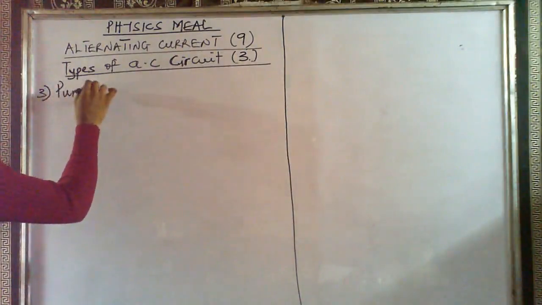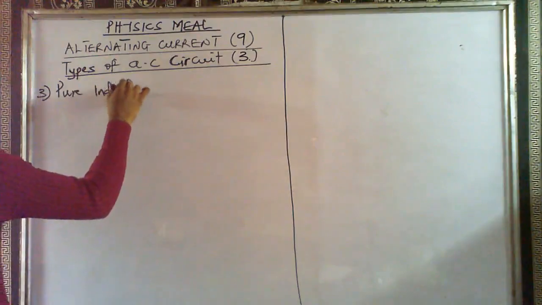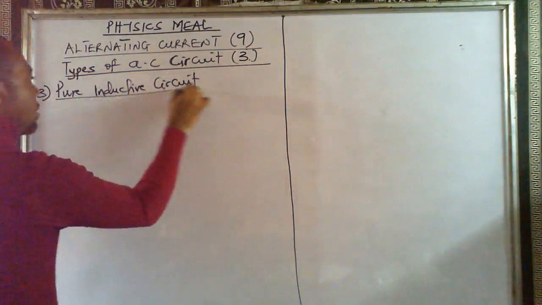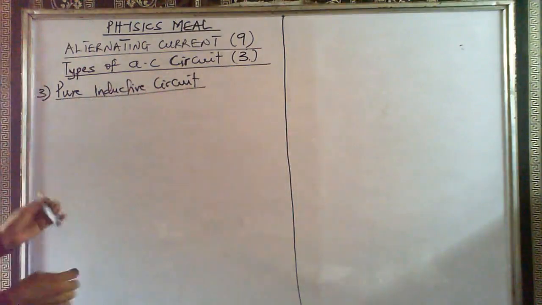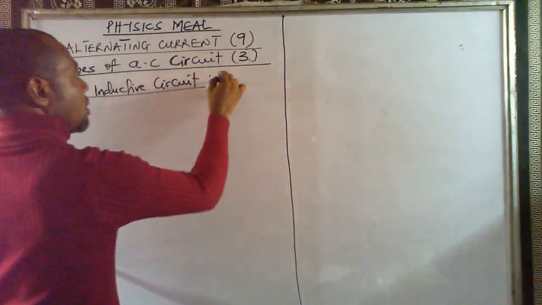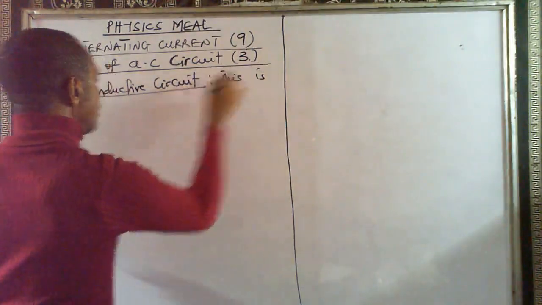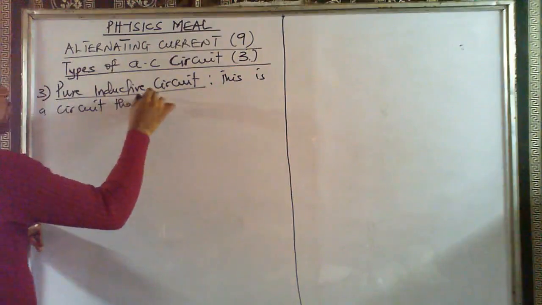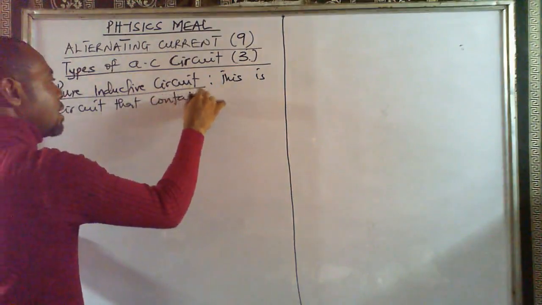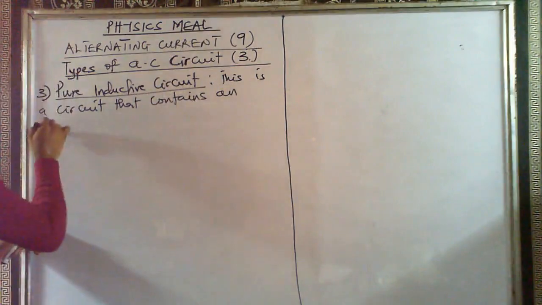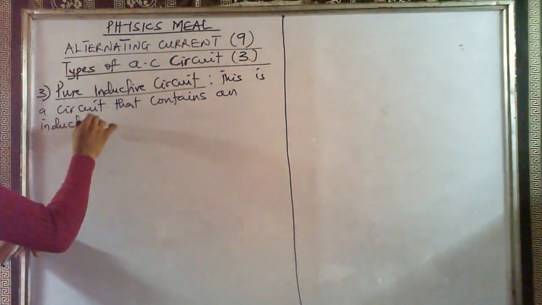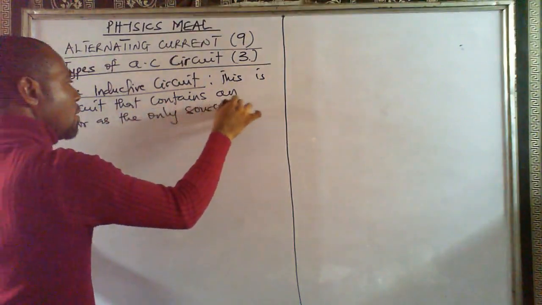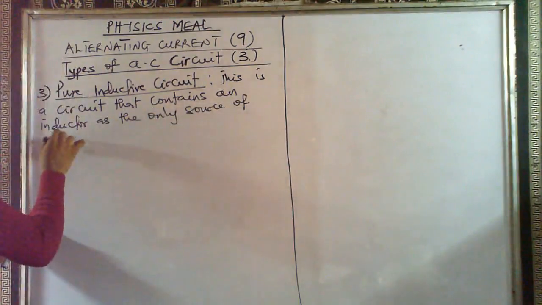Pure inductive circuit. This is a circuit that contains an inductor as the only source of resistance.